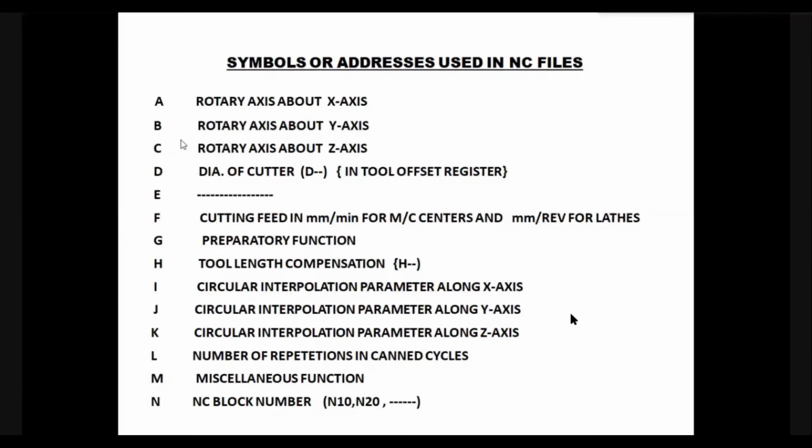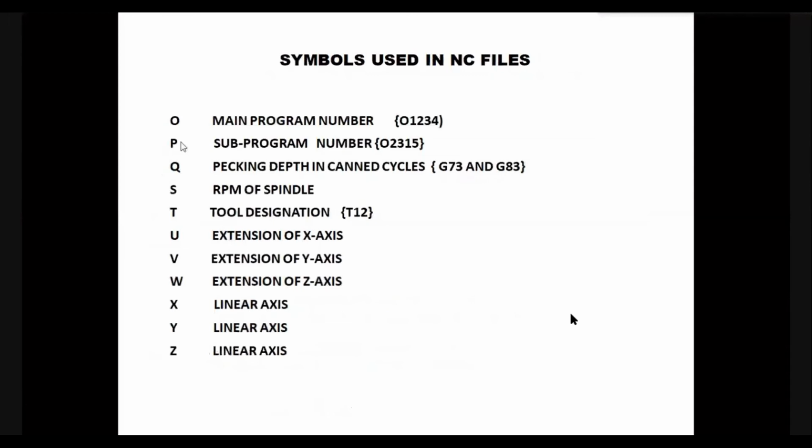Next slide. O stands for main program number. In CNC systems, we will be having several programs meant for various components that we will be manufacturing on CNC machines. So for each, we have to open a separate main program. And each main program will have one number like 1234 or 0355 or 5501, something like that.